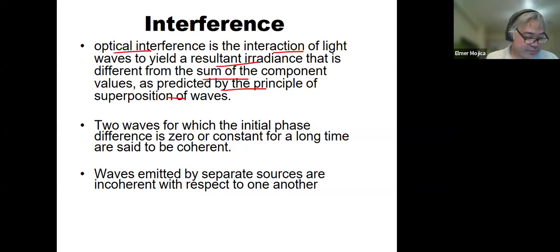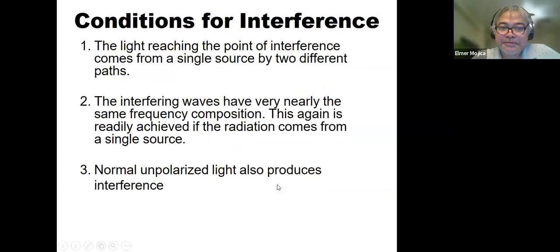Okay? So what are the conditions for the interference? These are, we could say, the three conditions that you have. The light reaching the point of the interference comes from a single source by two different paths.